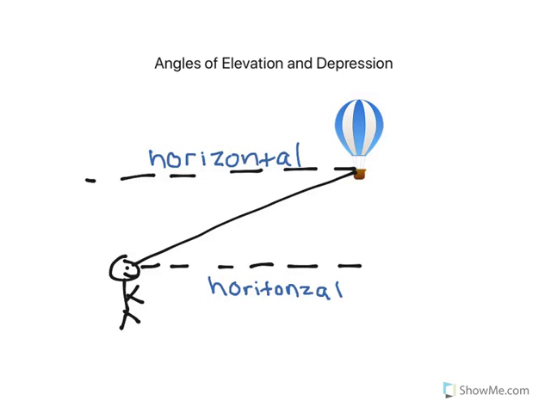If I'm on the ground looking up, that creates, let's say, a 32-degree angle. The person then looking down at me would form that same 32-degree angle. But the angle from me looking up would be called the angle of elevation.